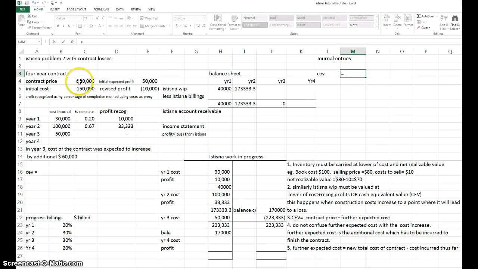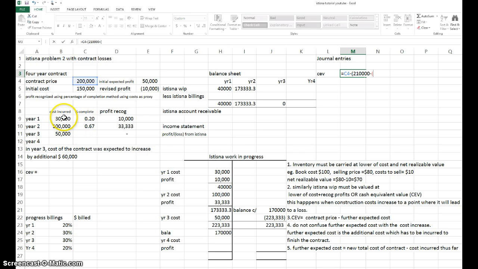We start with the contract price, minus the new cost. The new cost is 210, which we already calculated just now. And then we have to deduct what we have incurred so far. So the cost we have incurred so far is the 3 years cost here, 3,150.